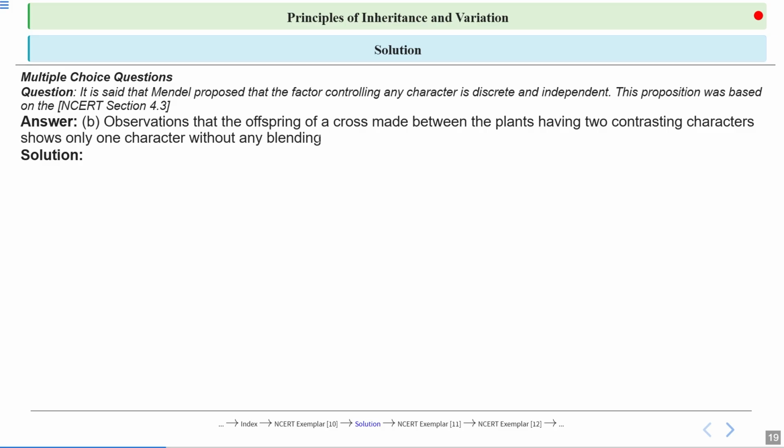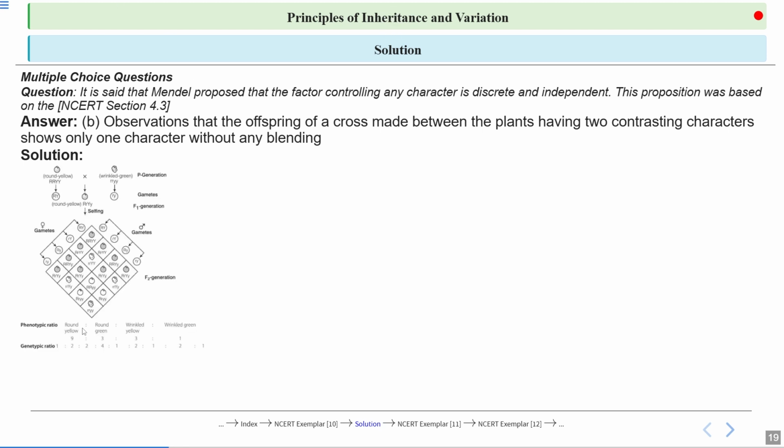So there is no blending of the traits. When Mendel did the experiment, he didn't observe any intermediate phenotype. Clear? So the characters that Mendel chose had contrasting traits. They were controlled by only a single gene, and one gene has two alleles.